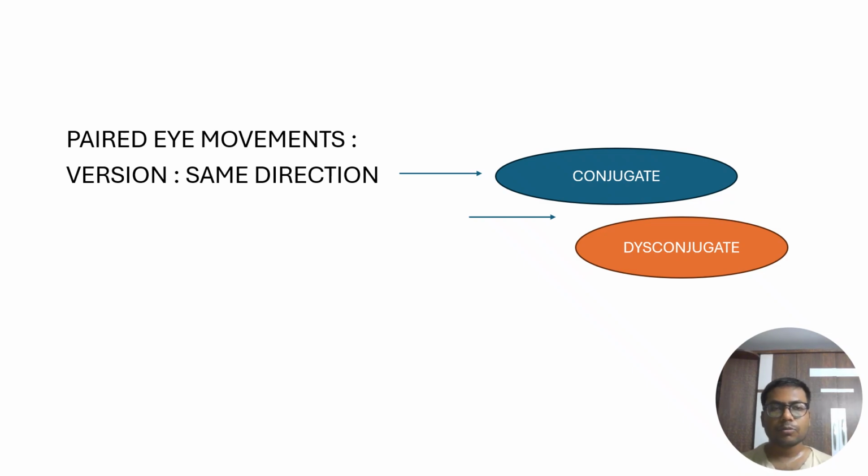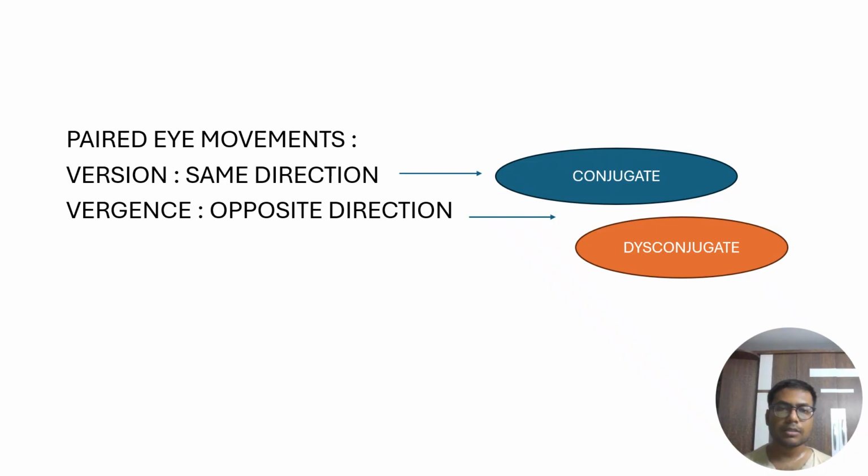Now the disconjugate movement is vergence. Vergence is the disconjugate movement, which is basically in the opposite direction. Both the eyes, the right and left eyes, are tilted medially, basically both moving nasally.